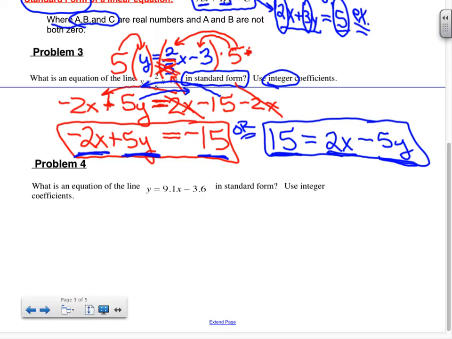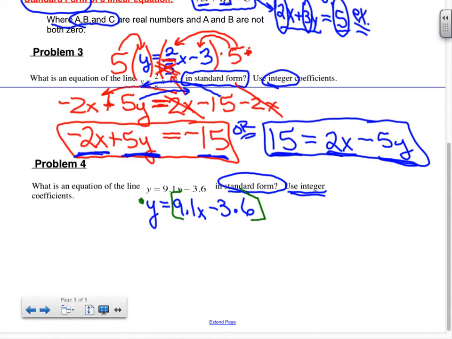Problem 4. This one, I believe, says y equals, I can hardly read it, 9.1x minus 3.6. So we're going to take this and put it in standard form using integers. This one you don't like decimals. The other one was fractions, this one's decimals. To get rid of decimals, it's so simple. Multiply, and when you multiply, you pick a number that moves the decimal as far as you want to move it.